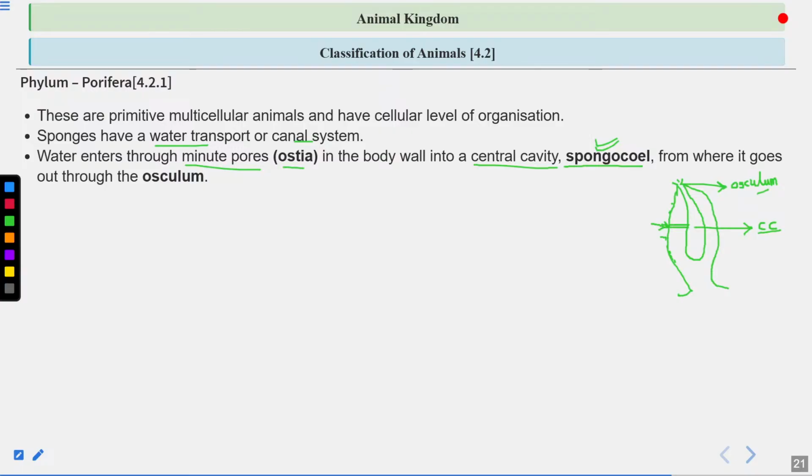This is the osculum and this is the ostia. This is the central cavity and this makes the canal system. From ostia, the water is entering the central cavity or the spongocoel and coming out from this osculum.